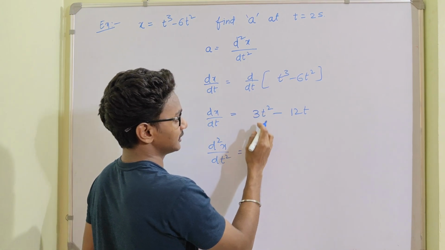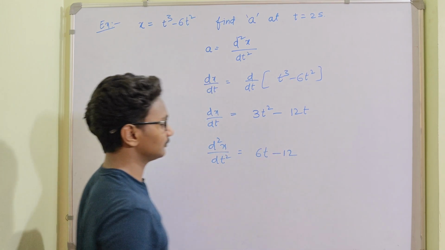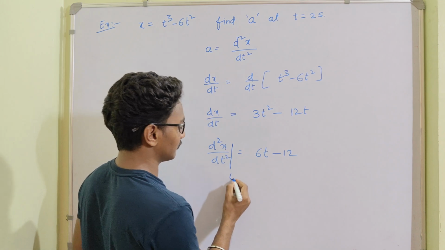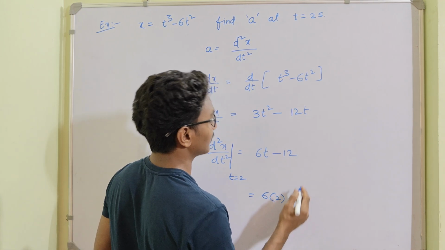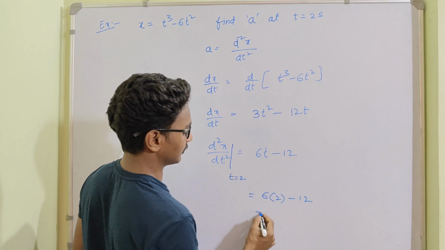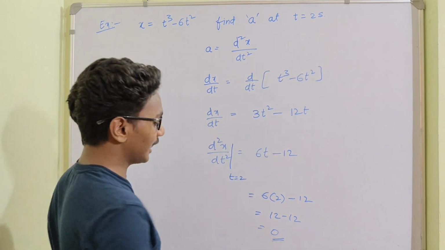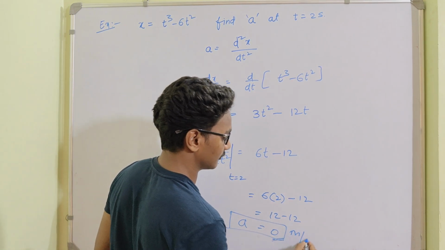We will get 6t minus 12. Acceleration at t equals 2: substitute t equals 2, then you will get 12 minus 12, that is 0. At t equals 2, acceleration is 0 meter per second square.